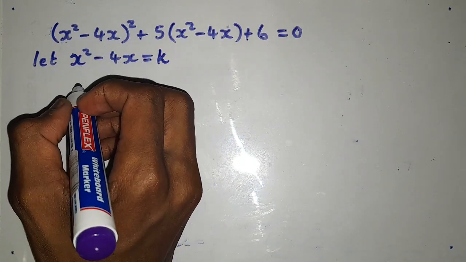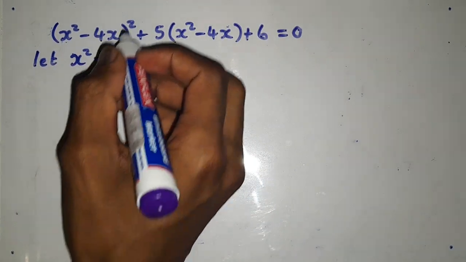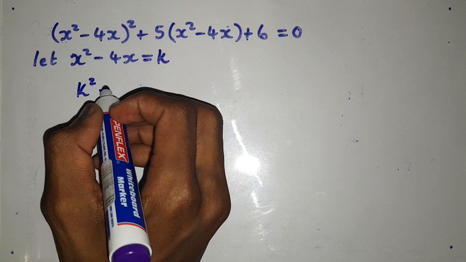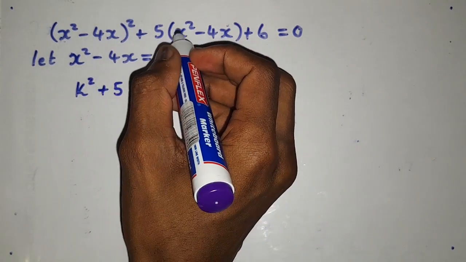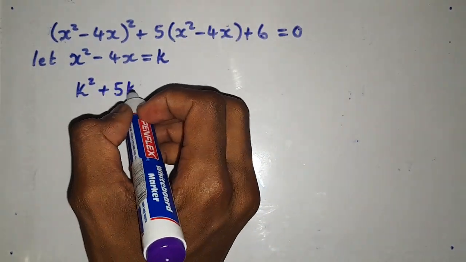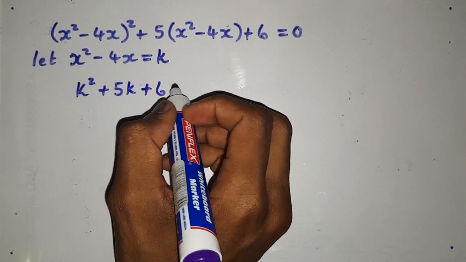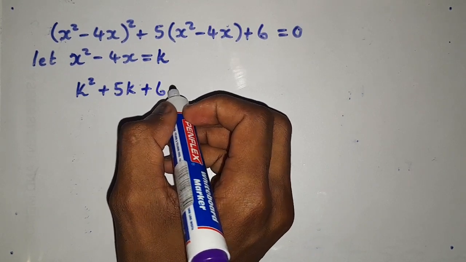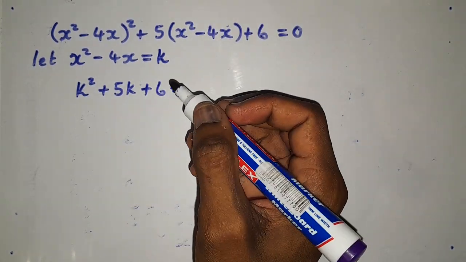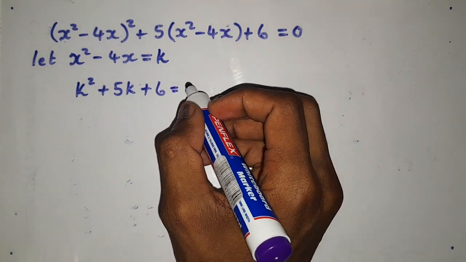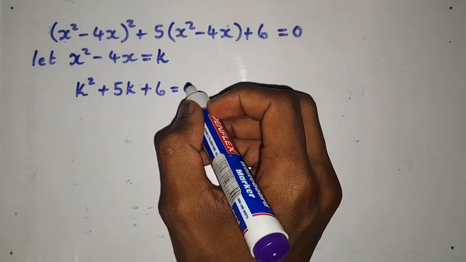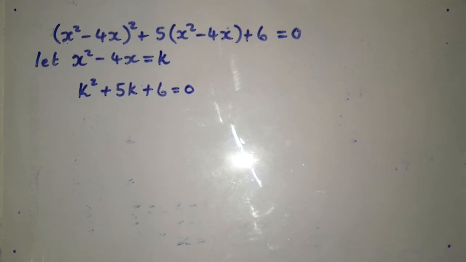Where we see this thing, we can just say k squared plus 5k plus 6, like this.